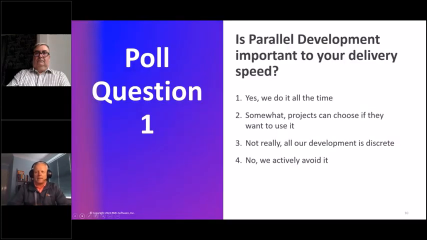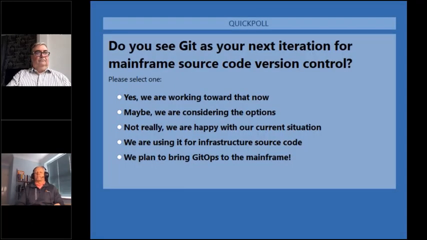We'll come back to that in a little while, but we have another poll, and that is around Git. Do you see Git as your next iteration for mainframe source code version control? And choose one of the options. Yes, we're working towards that now. Maybe, we're considering the options.